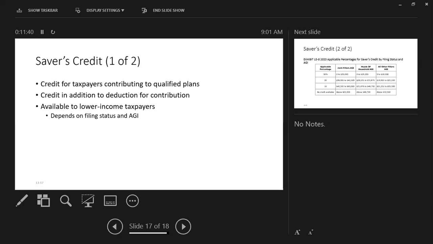So 1,859, then add 19,500. So now he's up to a contribution amount of 21,359. Because he's over 64, he may be able to add up to another 6,500. So add 7 plus 8.